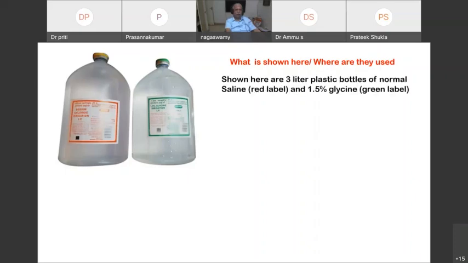Shown here are 3-liter plastic bottles of normal saline, that is the red label one, and 1.5% glycine, the green label one. So that is how you have to say what capacity bottle, what is it made of, whether glass, and what is the content. So 1.5% glycine is used for TURP and TCRE.